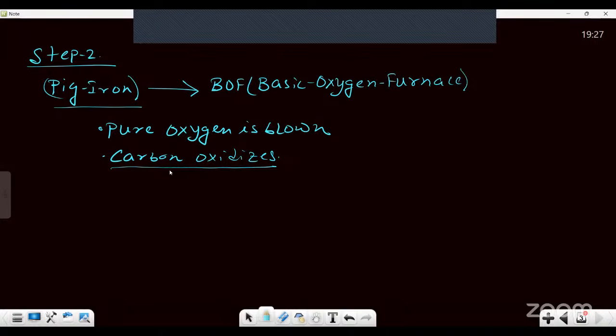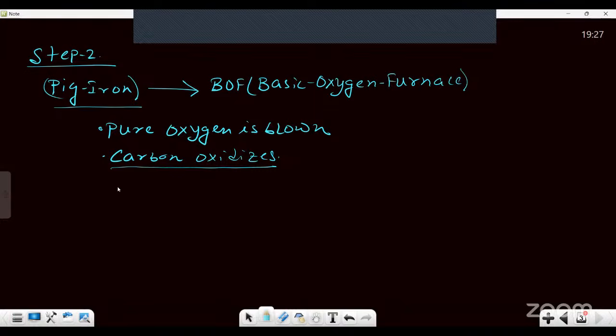And it is in the atmosphere that is there in the entire blast furnace. So that is basically our reducing atmosphere, and we are using coke. So a lot of carbon is getting inside the pig iron. So that is why the carbon percentage is quite high in the pig iron.